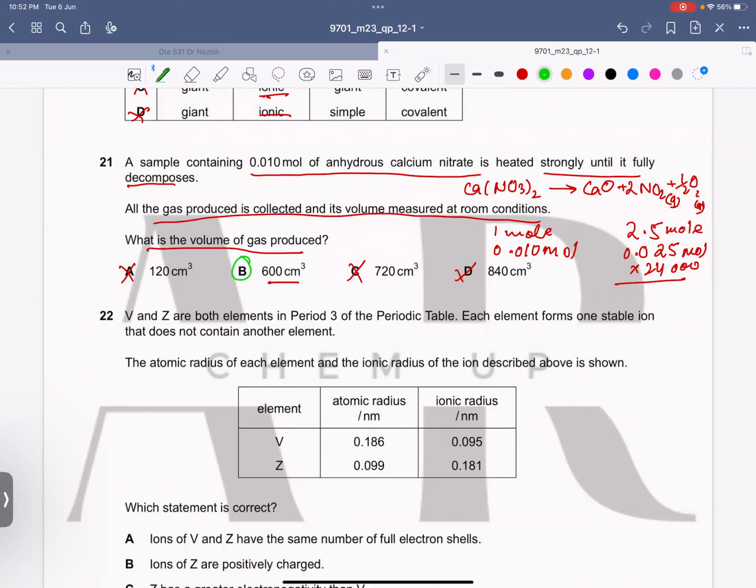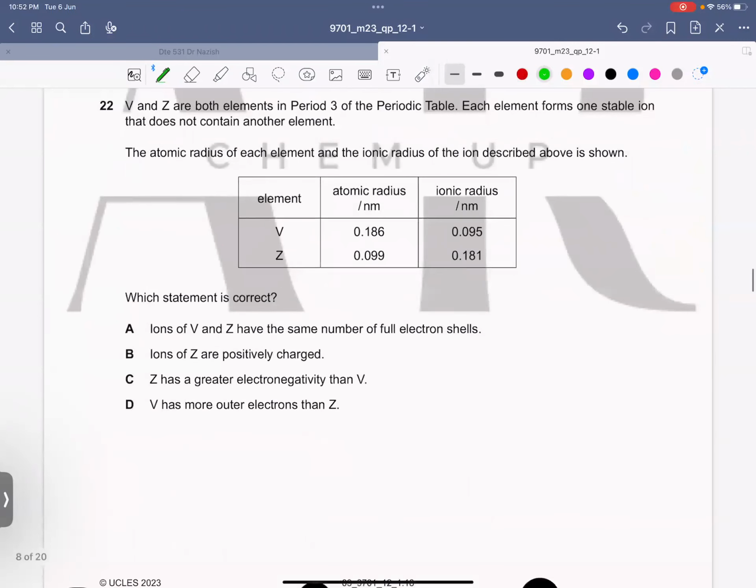Okay. Now question number 22. V and Z both are elements in period 3 of the periodic table. Each element forms one stable ion that does not contain another element. The atomic radius of each element and the ionic radius of the ion described above is shown.